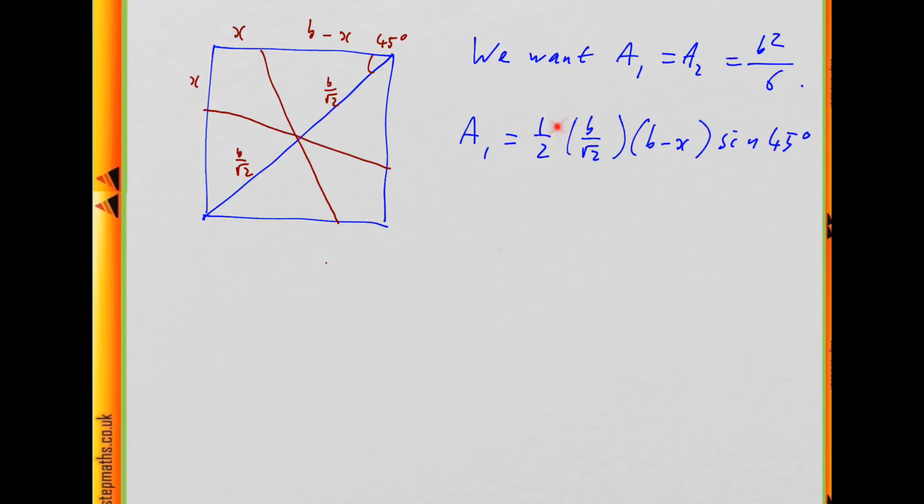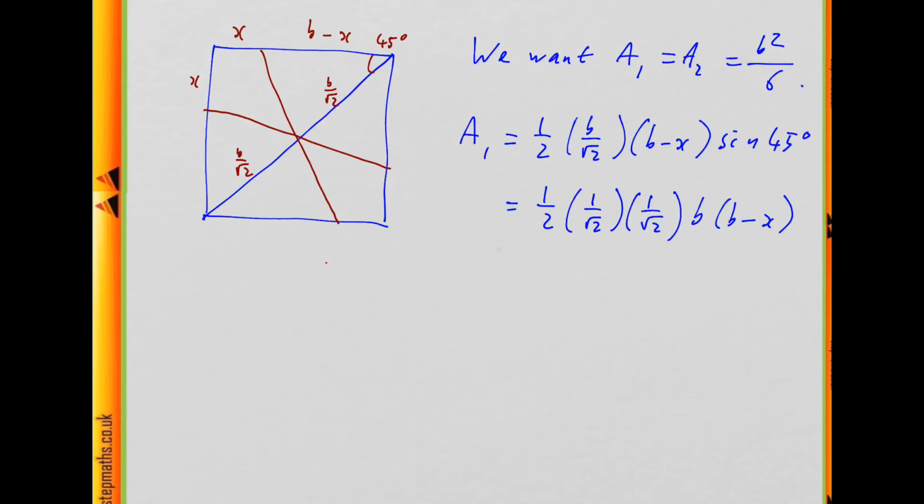Okay, so let's try and simplify this expression first. Sine of 45 degrees is 1 over root 2, so that means I'm going to combine the root 2's and I'm going to get a 2 on the bottom there. So we've got a half. I'll take out the 1 over root 2 from here, and this is 1 over root 2, so I can simplify them. Then I've got the b from here, then I've got b minus x. So this is just going to come to 1/4 times b times b minus x.